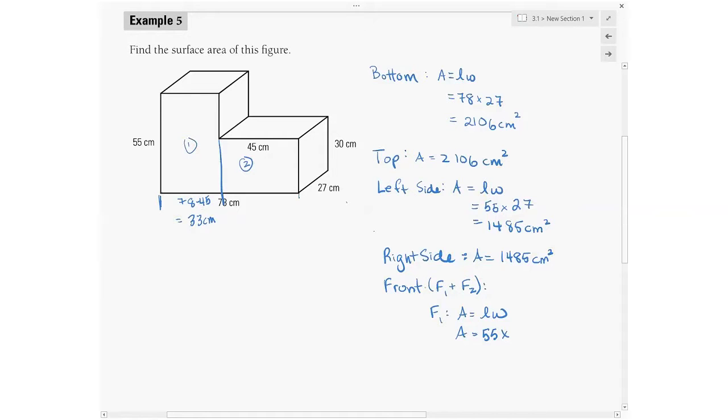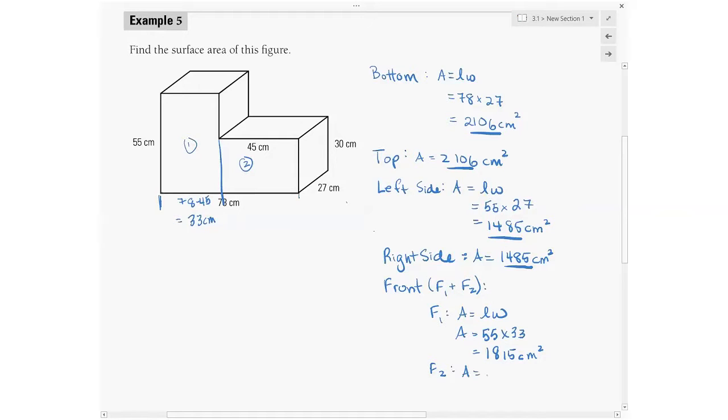So that's going to be 55 times 33, which equals 1,815. I'm just going to underline each of these, because these are the things I'm going to have to add up later, because I don't want to add this 1,815 just yet. Because I want to do F2.